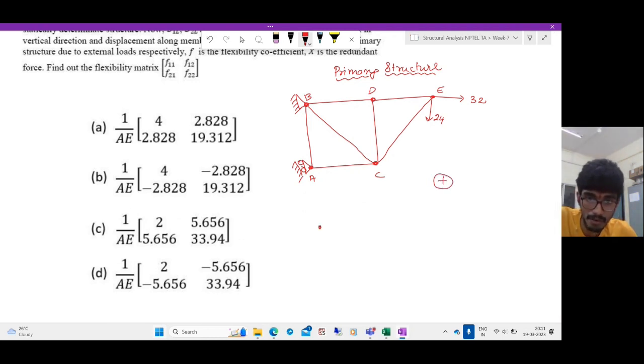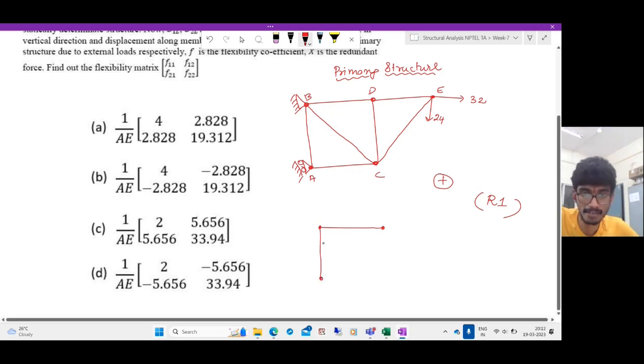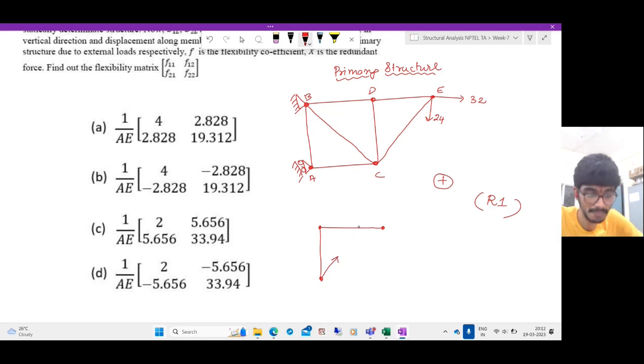Plus, now we need to apply the removed reaction. Let me call this redundant structure 1, R1. There is a removed member here that is represented by this internal force x1.